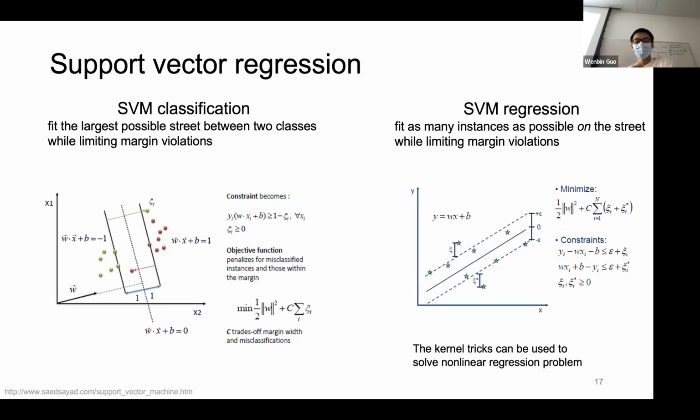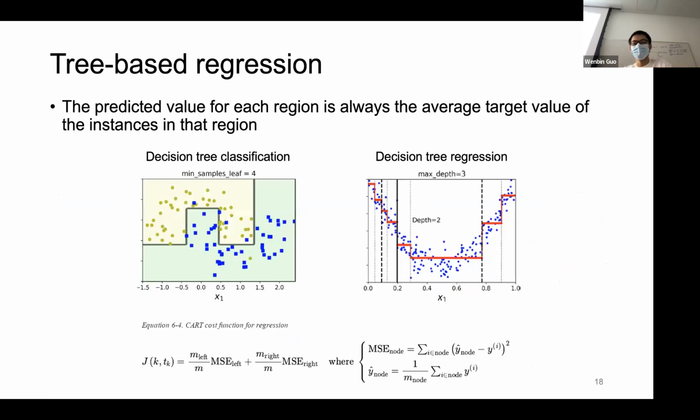So far, for the nonlinear regression problem, we can use polynomial regression to solve it. We can use a support vector machine to solve it. And we can also use more advanced algorithms, for example, tree-based regression. Yesterday we talked about how it tries to find region divisions so that each region has classes as pure as possible.